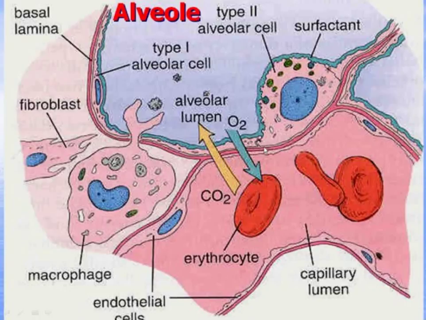These three structures together compose the barrier between air and blood, the air-blood barrier. It's very thin, up to 0.5 micron: 0.2 thickness of alveolar cell, 0.2 thickness of endothelial cell, and 0.1 micron the thickness of basal membrane, so 0.5 in general.